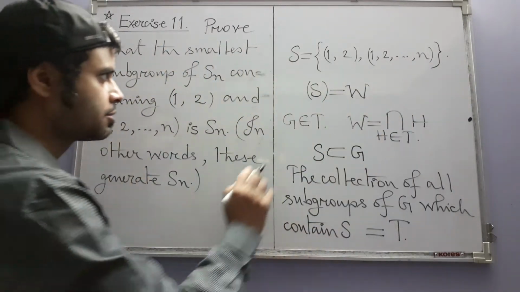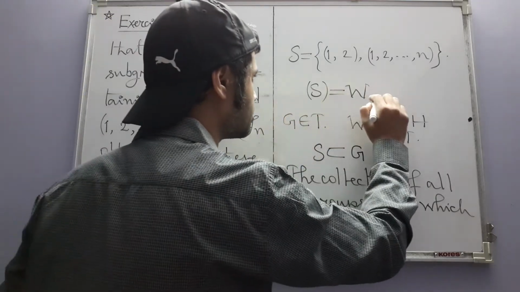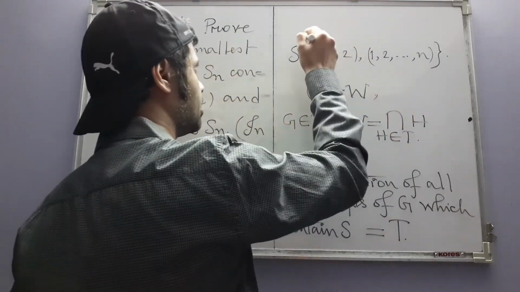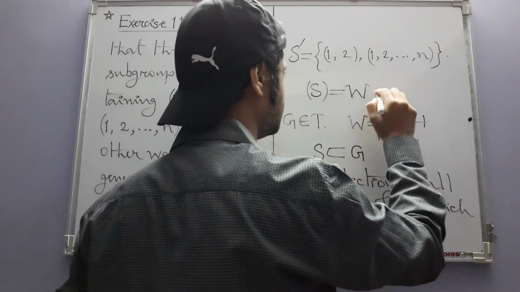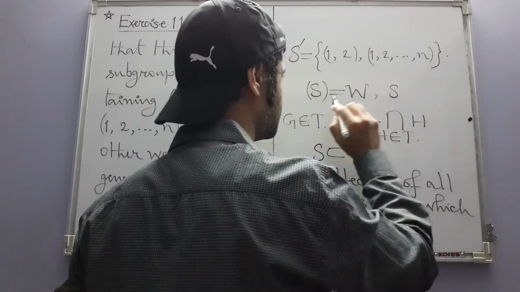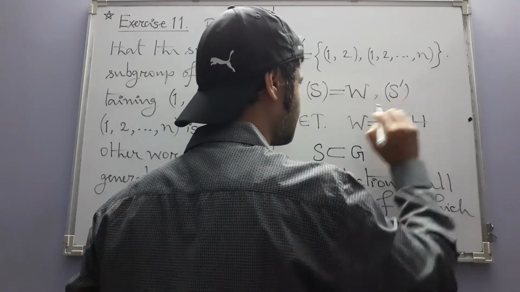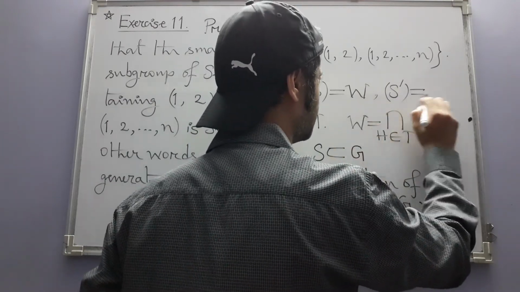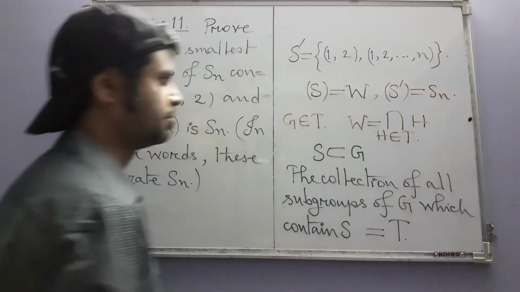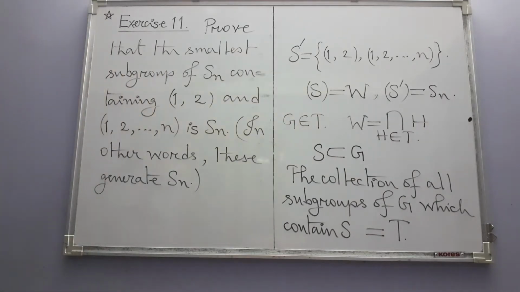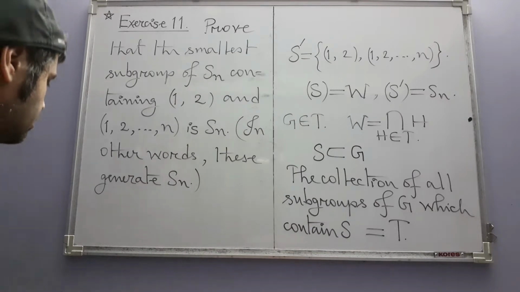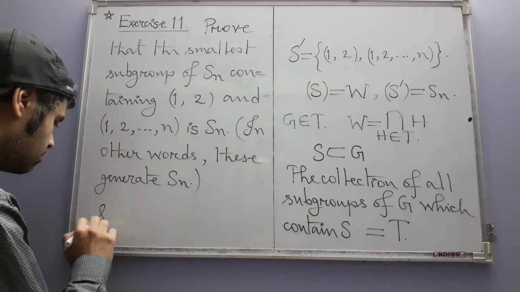For this S, let me call it S prime to distinguish it from the general S, we have to prove that the subgroup generated by S prime is Sn itself. Okay, so that's what we have to prove. So let's see how we can get a solution.